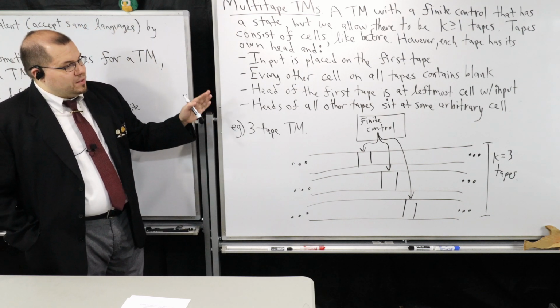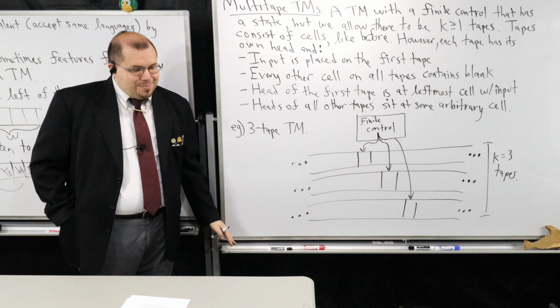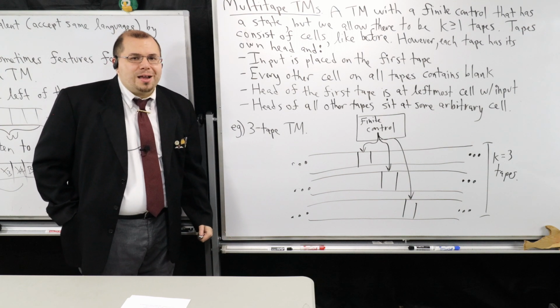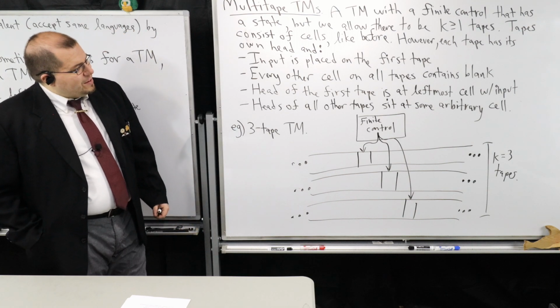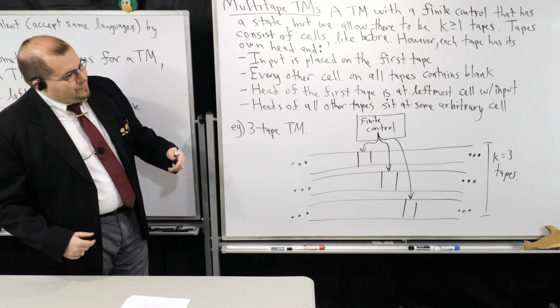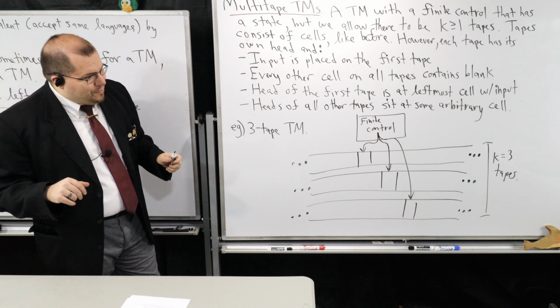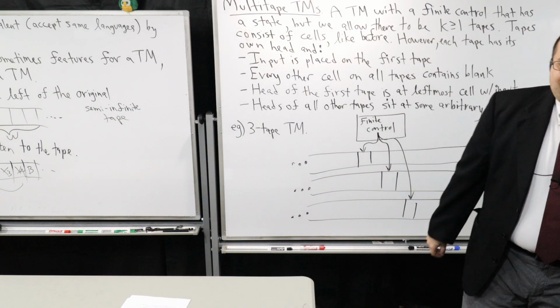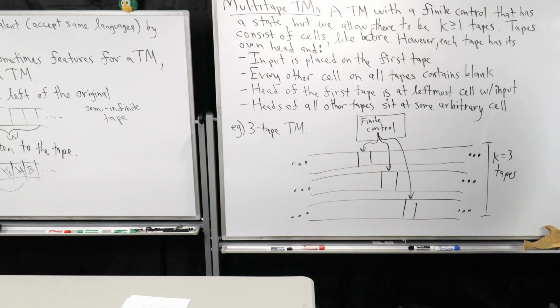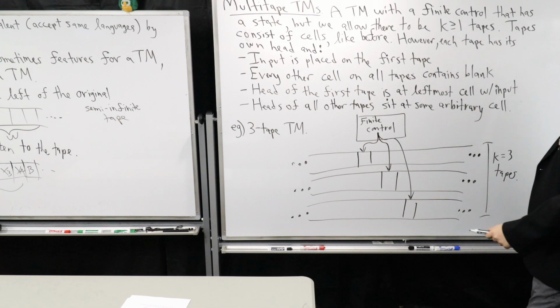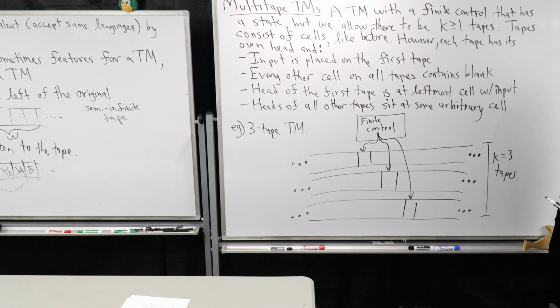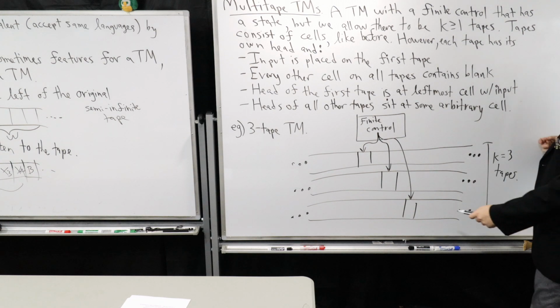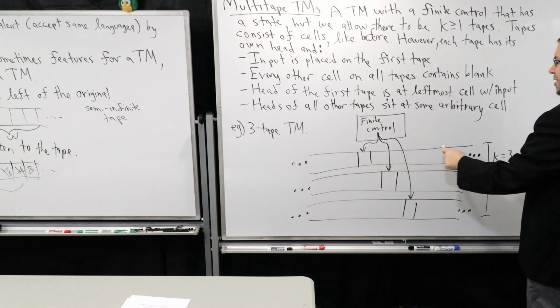This gives us a lot more functionality. To give you an idea of what you could do with this, remember the problem of trying to recognize palindromes? I may revisit this example at some point. Suppose I had a word like racecar on the first tape.